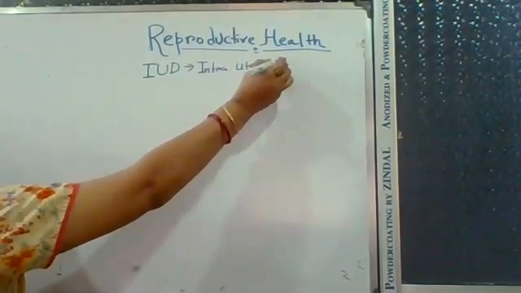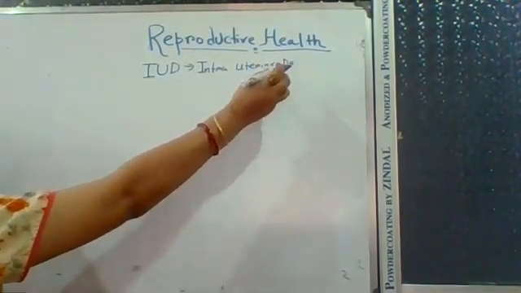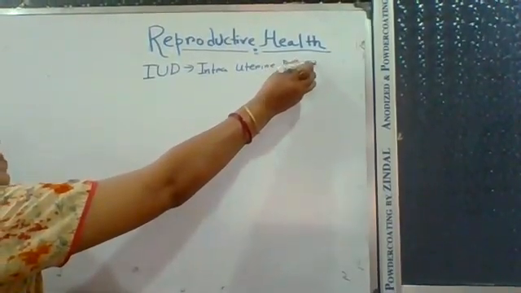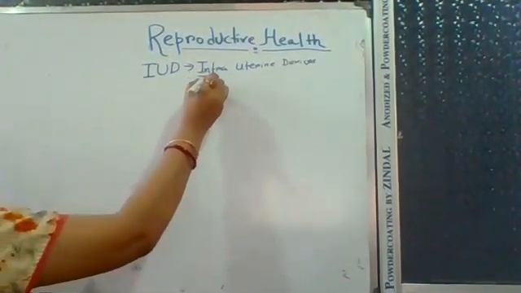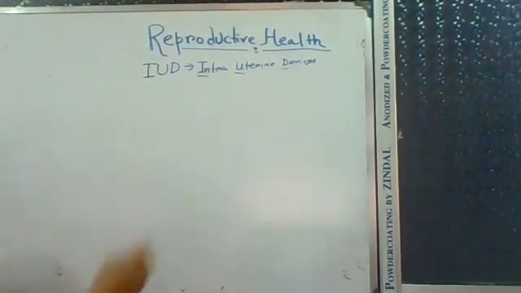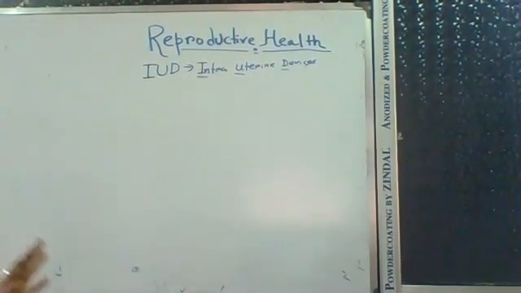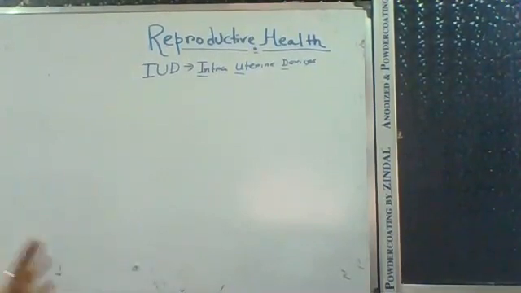Intrauterine devices. I for intrauterine devices. So these are very effective and popular, and these are inserted by doctor or expert nurse in the uterus through the vagina.